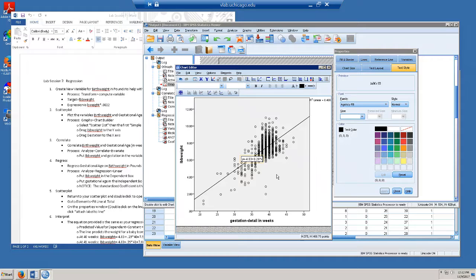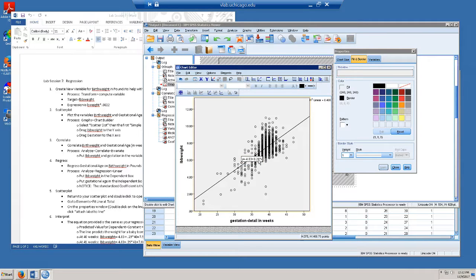So it gives us the equation for our line, which is negative 4.03 plus 0.29x. And we also get our R squared shown. Does everybody have that equation up here? Okay. Our R squared is shown as 0.408.